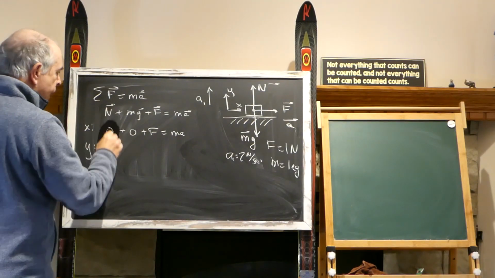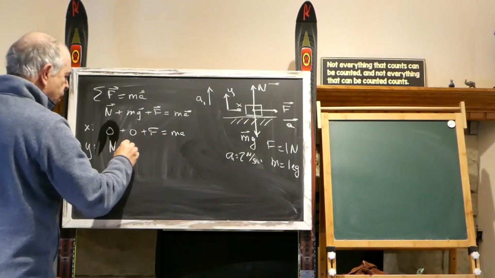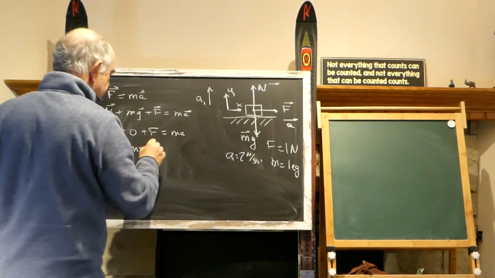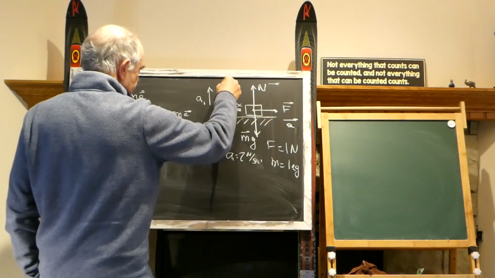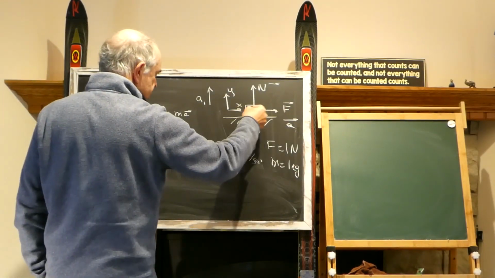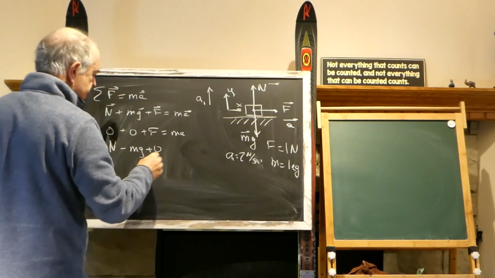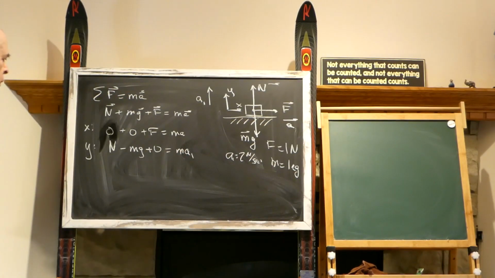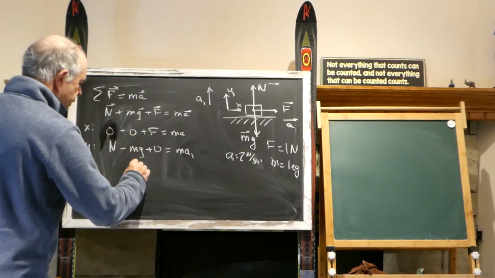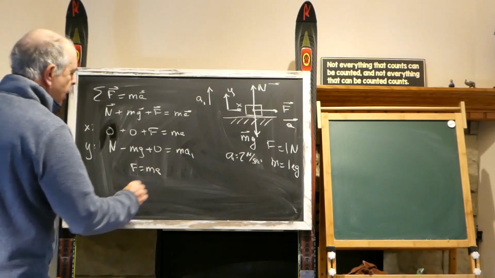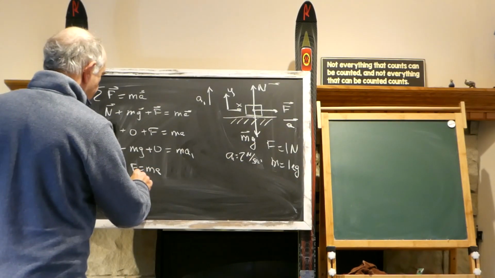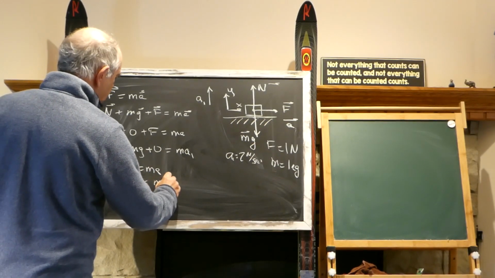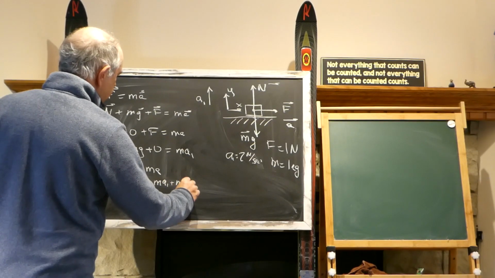Along Y, we have N, and mg is down. F has no projection on Y, because it's perpendicular to this axis, so its projection on the vertical axis is 0. This equals ma1. So we have F equals ma, and for example N equals ma1 plus mg.